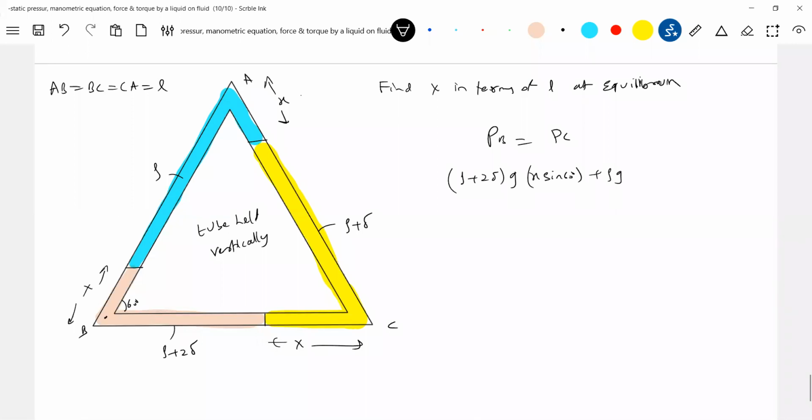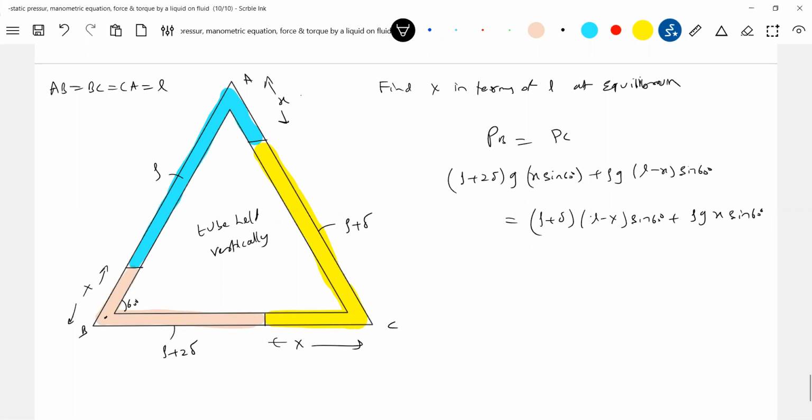This will be L minus X sine 60 degrees. Pressure due to the right hand side of the liquid column should be equal to rho plus delta, L minus X, sine 60 degrees, plus rho into G X sine 60 degrees.